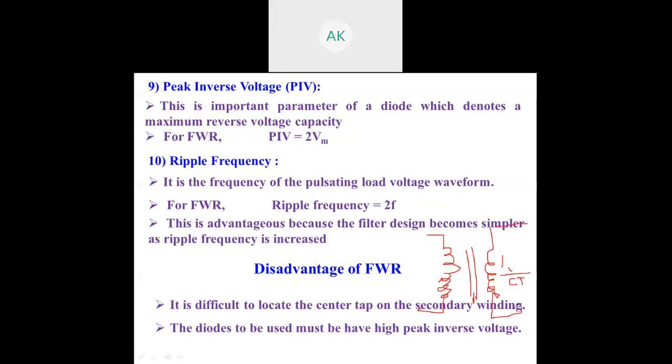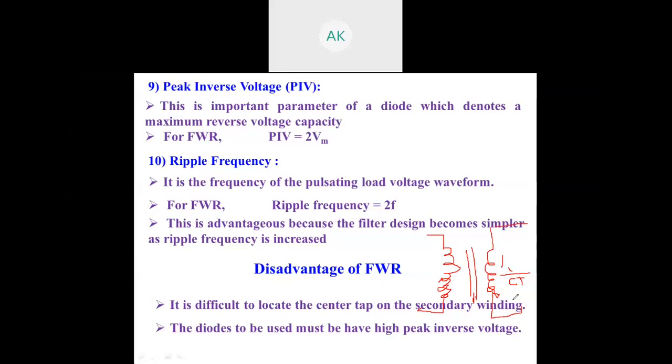Therefore, the voltage drop at this point may or may not be the same in the upper half and the lower half. So this is the first problem with the center tap transformer: it is difficult to locate the center tap on the secondary winding.